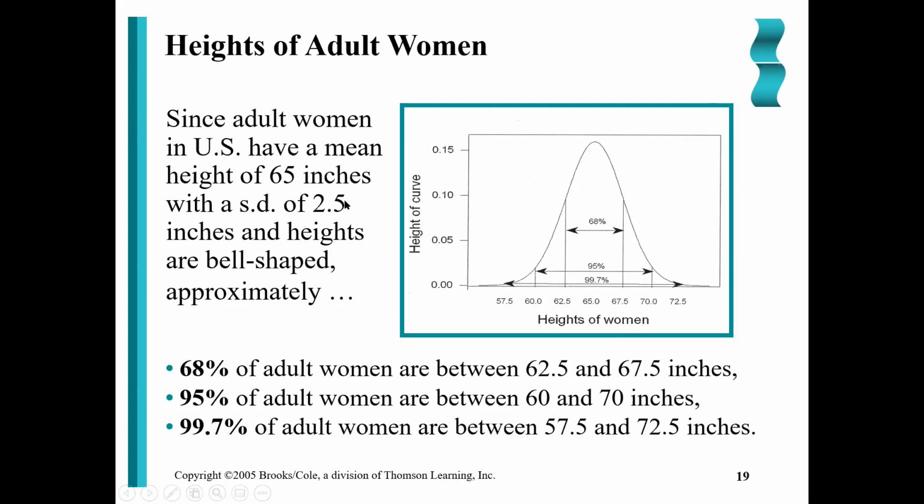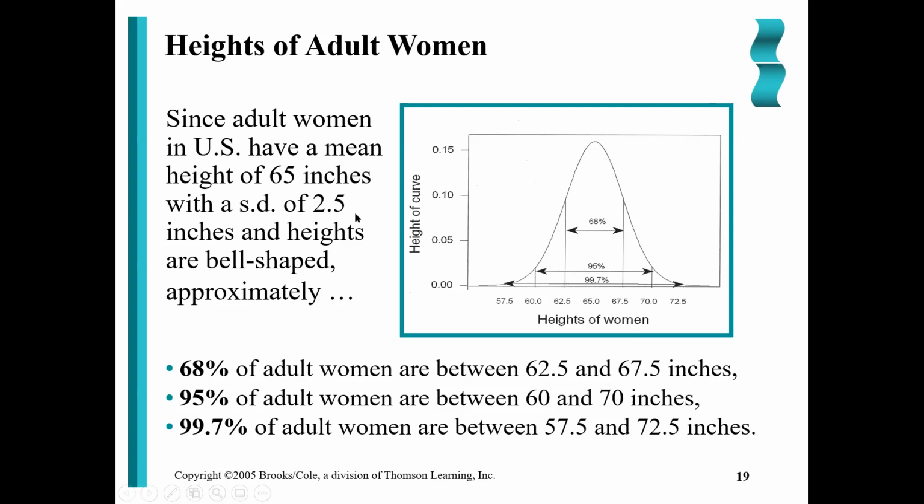If we subtract 1 standard deviation from the mean, it would be 65 minus 2.5, or 62.5. That would be over here. We would say this area under the curve between 62.5 and 67.5 is 68% of the data. So we would say 68% of the heights of adult women are between 62.5 inches and 67.5 inches.